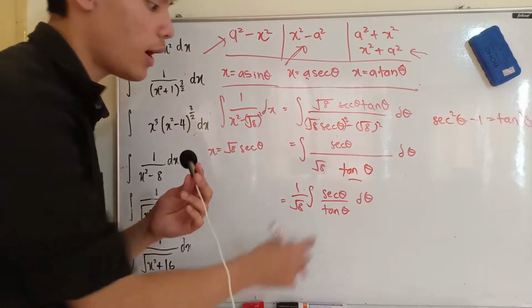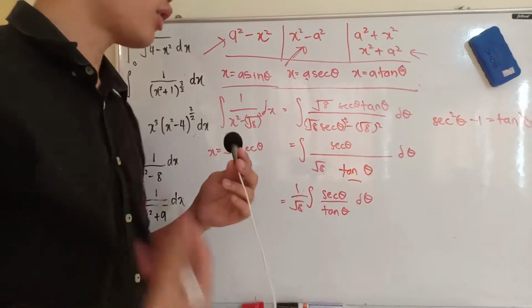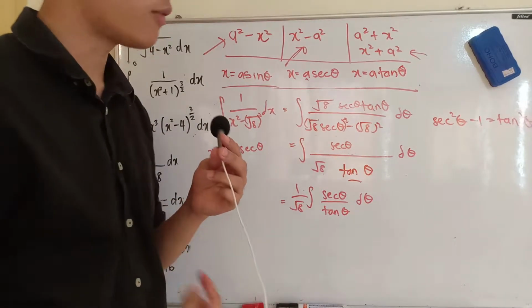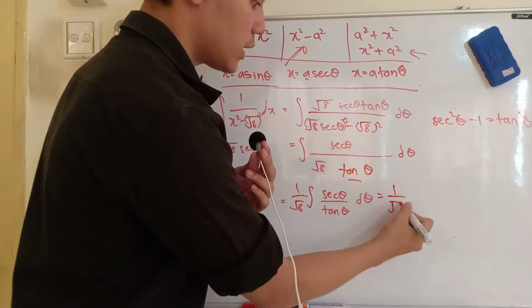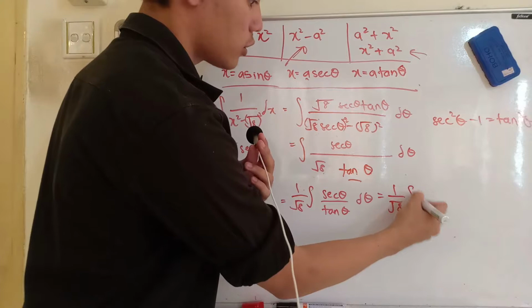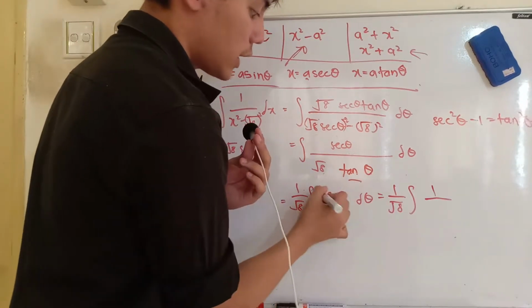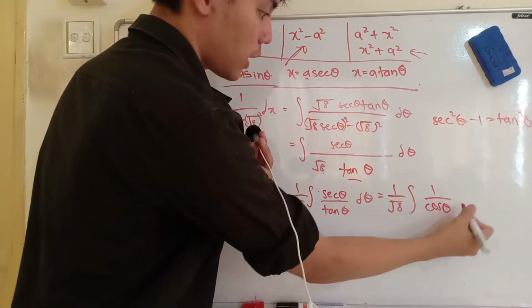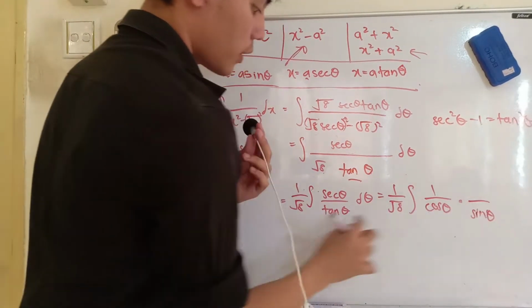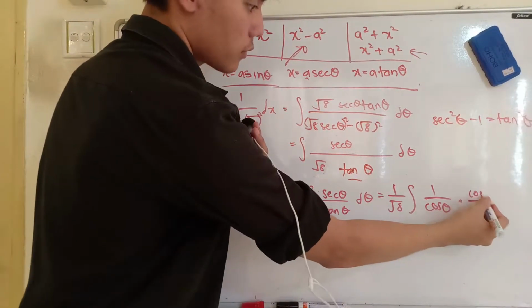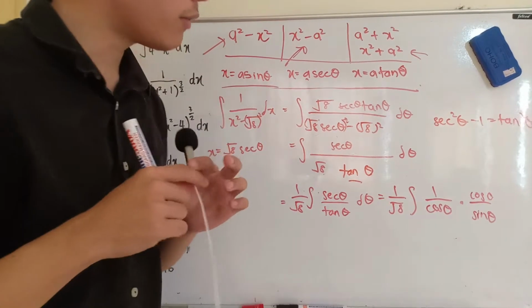So now we know that secant is 1 over cos and tangent is sine over cos. So we change it into the form of cos and sine: secant is 1 over cos theta, tangent is sine over cos. Why inverted?